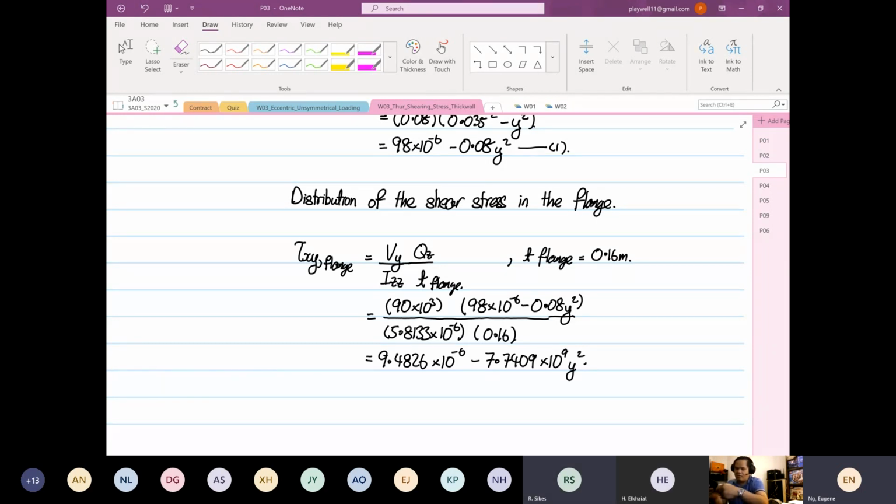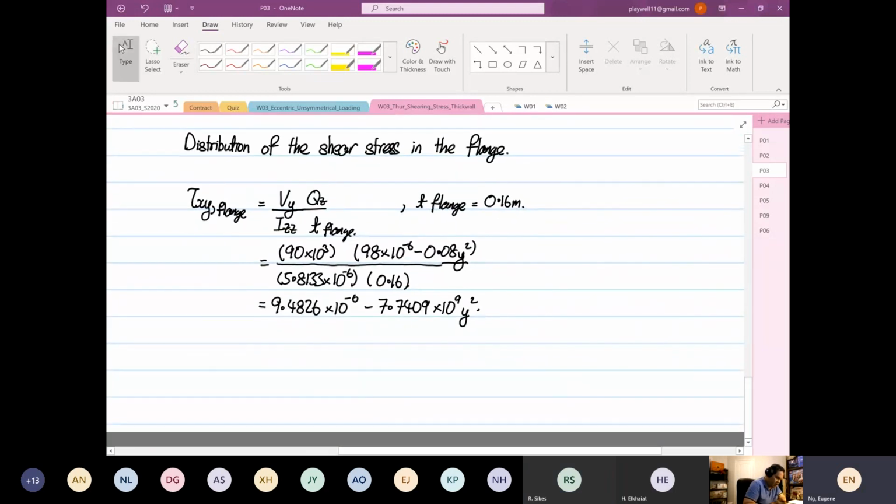So 0 would have the maximum value. In this case, we're always subtracting y squared, so when you plug in 0, it will be at its max. Okay, you're partly right. The idea is there, except with a slight error.